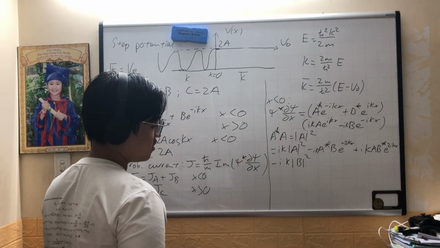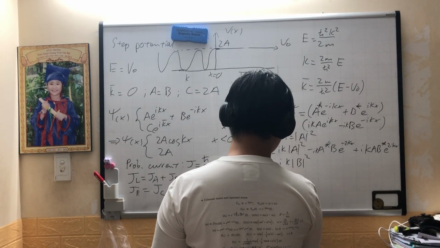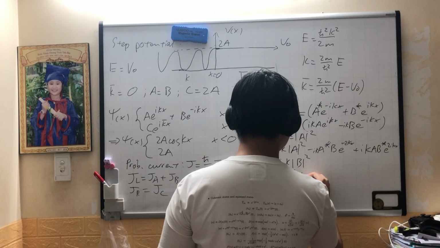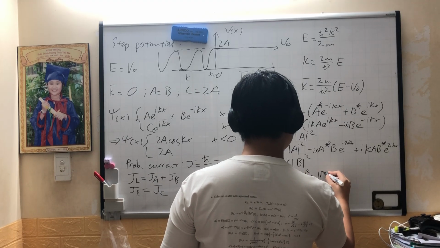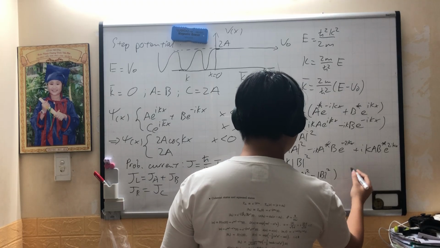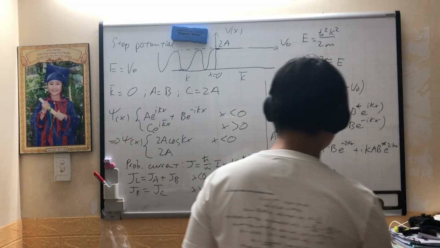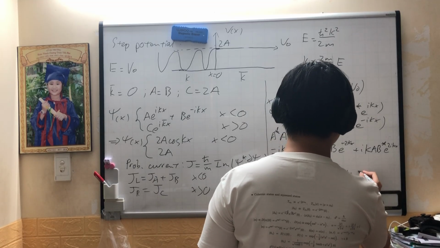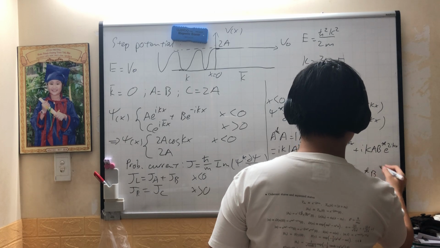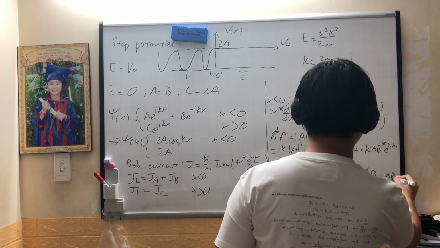So you have this, and you can do the grouping now. It would be ik, put these two together. Next is this guy right here, minus ik, and just write it short. It would be this.